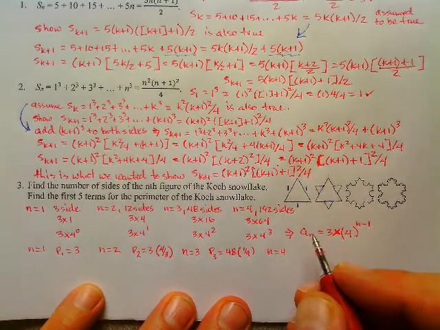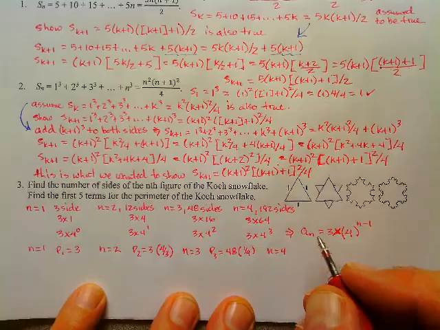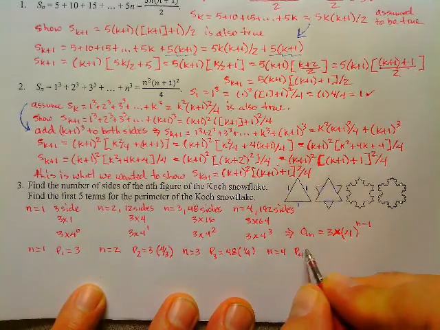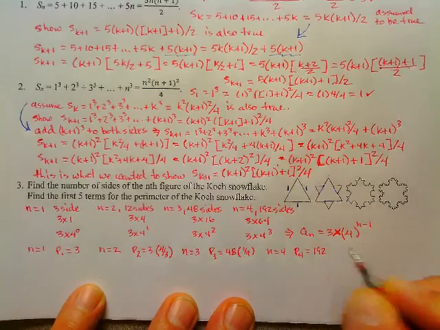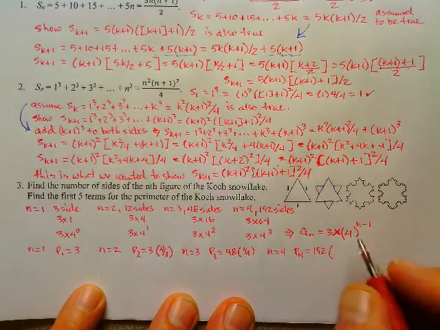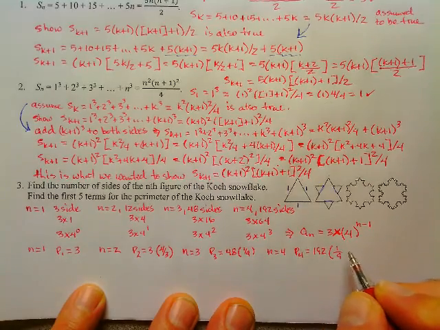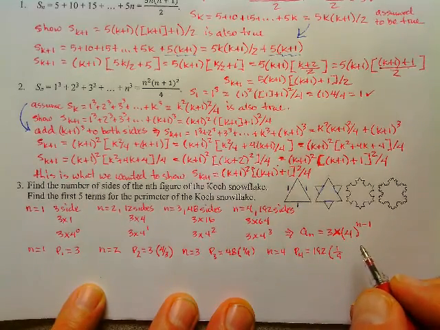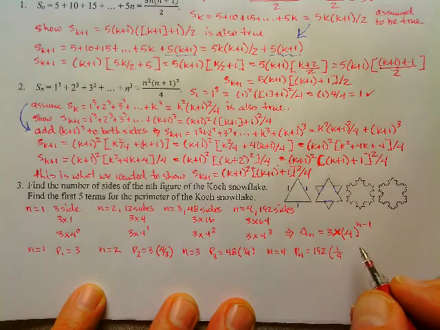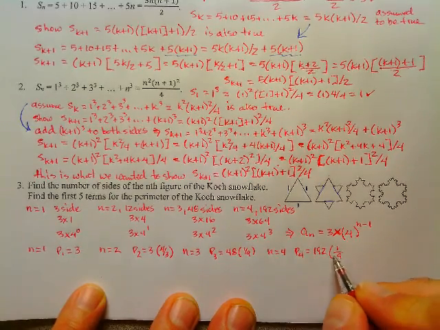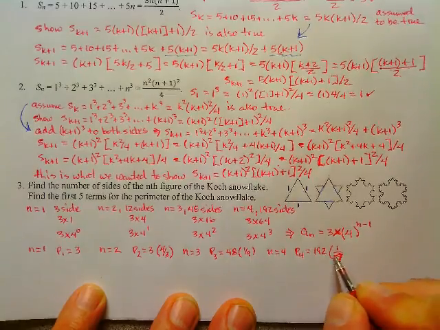For n equals 4, I had my 192 sides, so P4 is 192 sides, but now each one of those is 1/9, or actually, no, excuse me, over 27. We got to keep going by 3s.